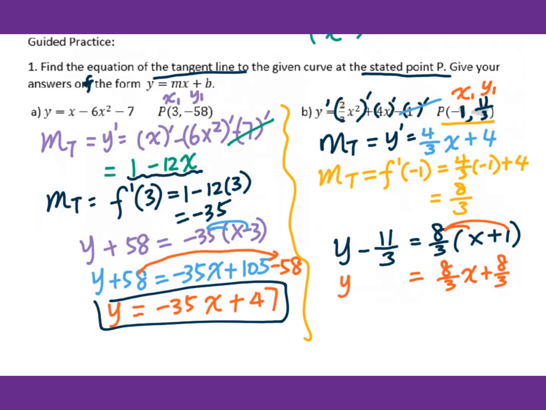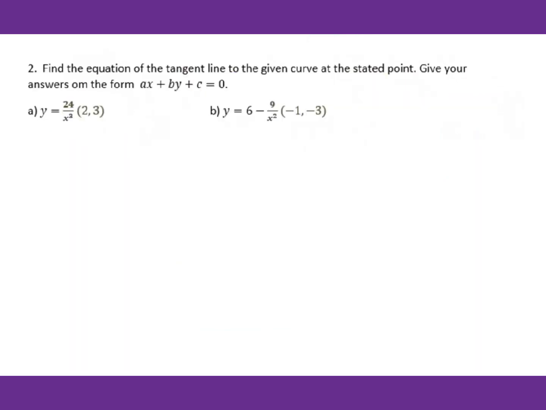This part is y minus 11 over 3. We want to get the y equals form, so you have to add 11 over 3 both sides. Therefore, we get y equals 8 over 3x plus 19 over 3. Let's go to second question.